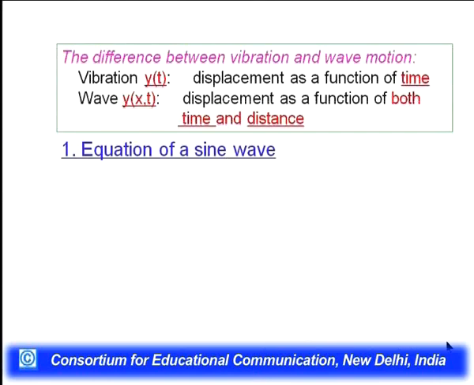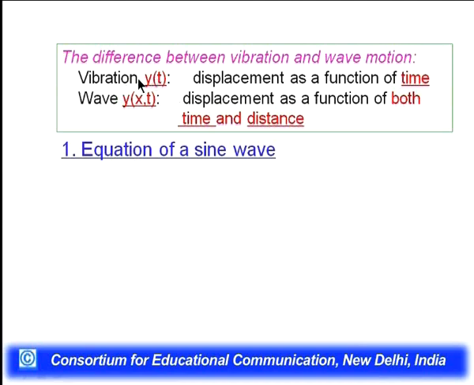Now, here we see the difference between the vibration and the wave motion. Vibration is defined as y, the displacement with respect to time, but the wave is defined by time and distance. If the wave is vibrating, then we call it a function of time.